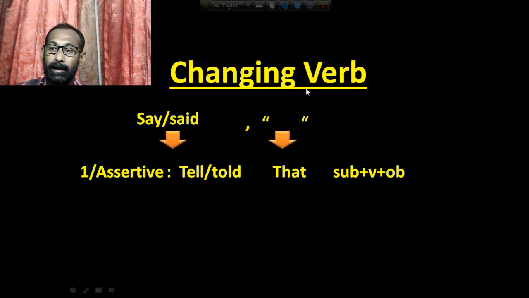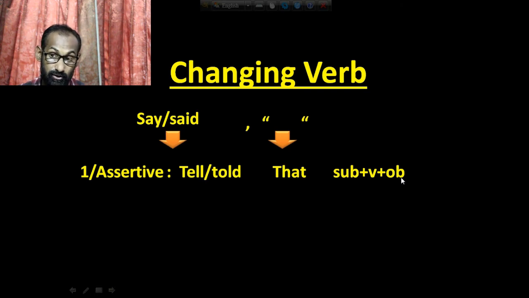Actually, in assertive sentence, we have to use tell for the present tense and told for the past tense, instead of say and said, and we have to use that instead of inverted comma, and the next part will be subject plus verb plus object.